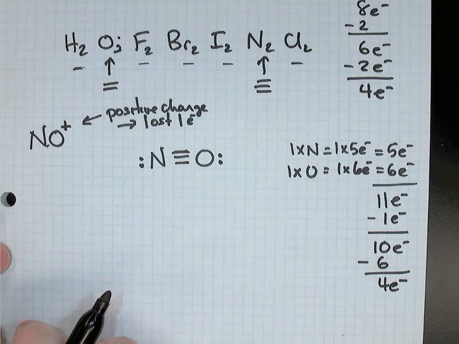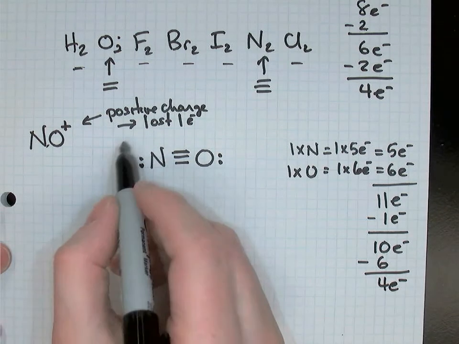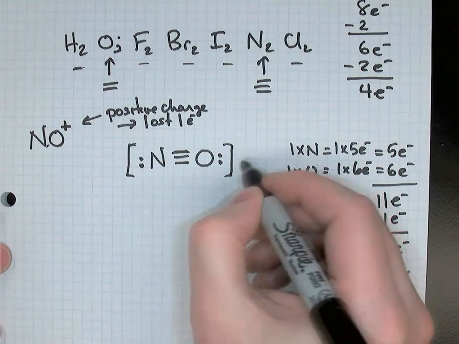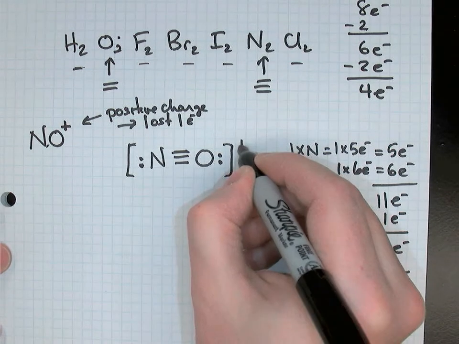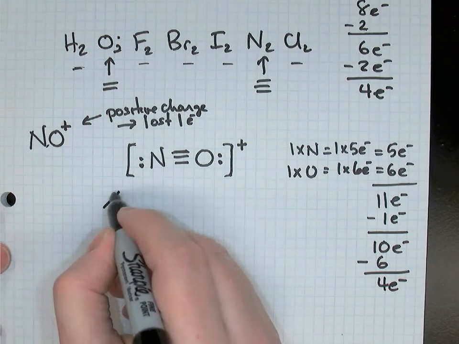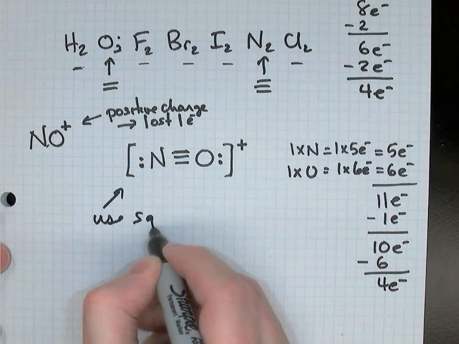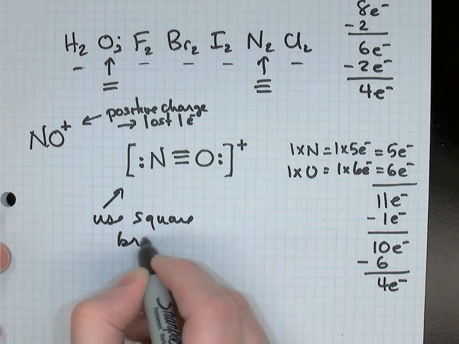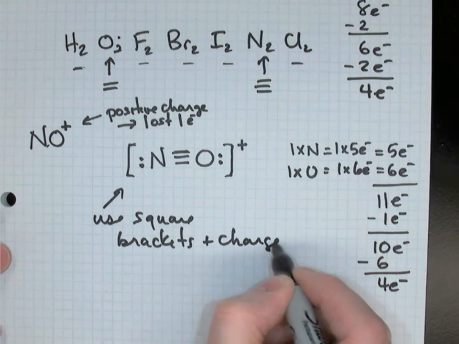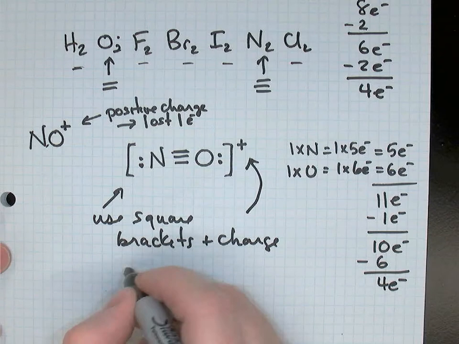Now, one last thing, because this is an ion, you must put the Lewis diagram in square brackets, and put a charge outside. So always use square brackets and a charge for ions.